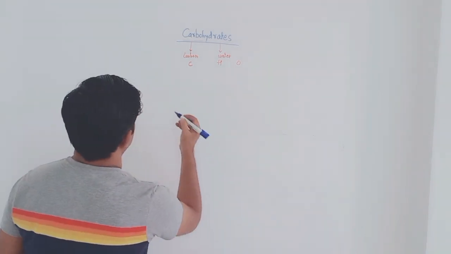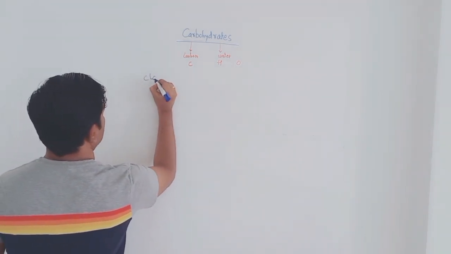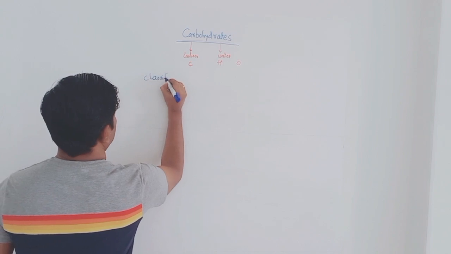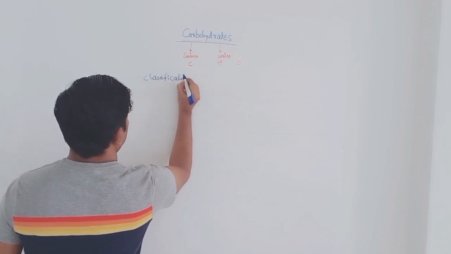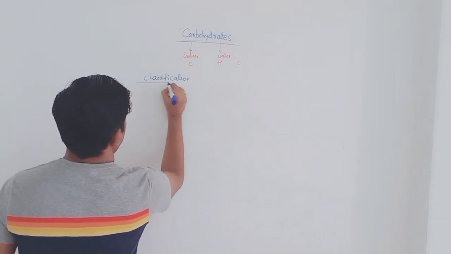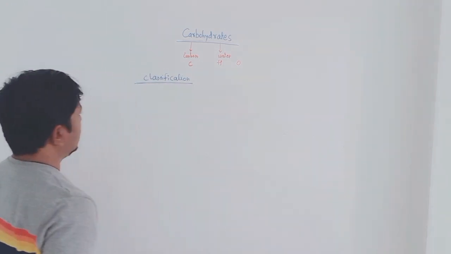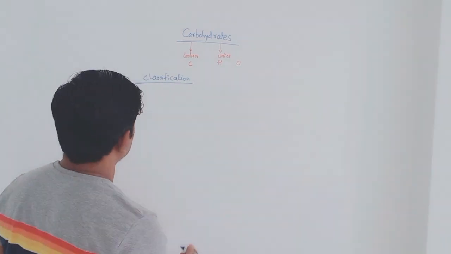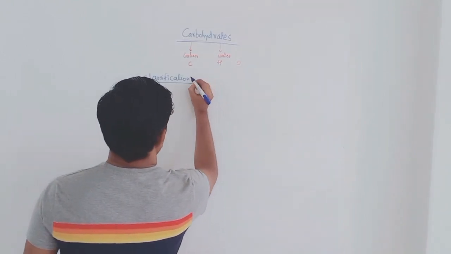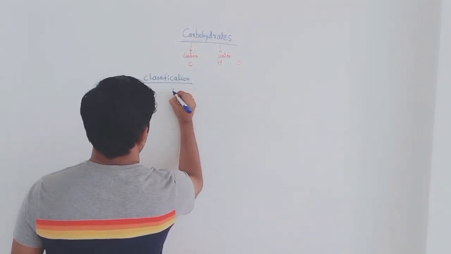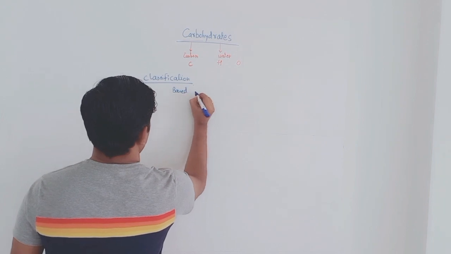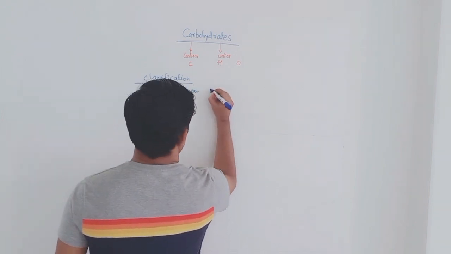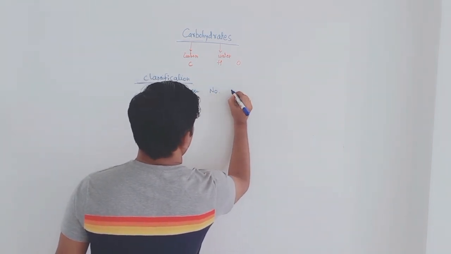So we'll see now the classification of carbohydrate. The classification of carbohydrates is mainly based on the number of sugar units.